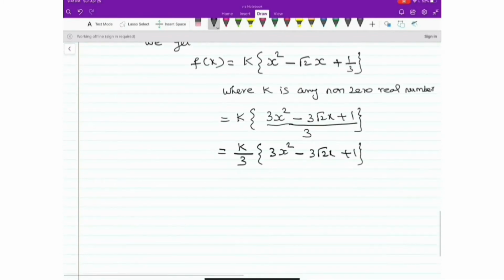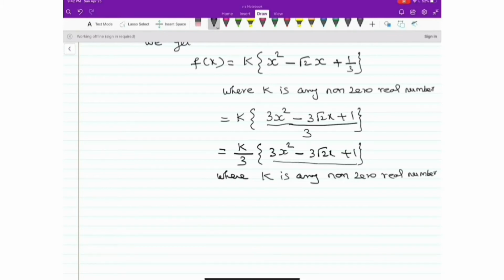The last step again you write, where k is any non-zero real number. At least in one place this condition should be written by you. As I told you, one quadratic polynomial which fits the given conditions is f of x equal to, you just write this polynomial alone. That is more than enough.